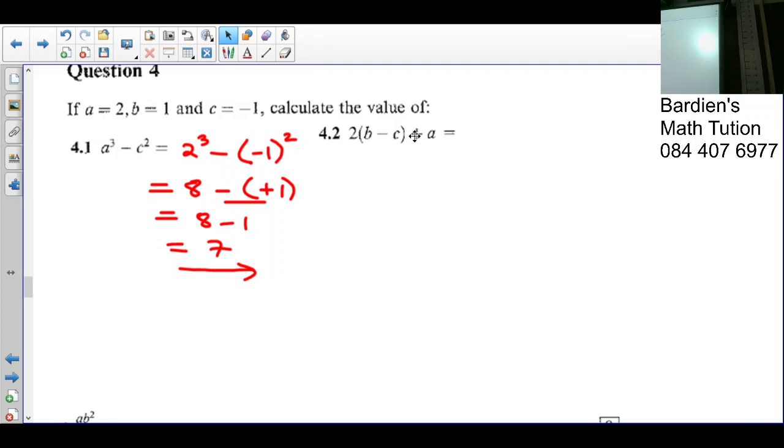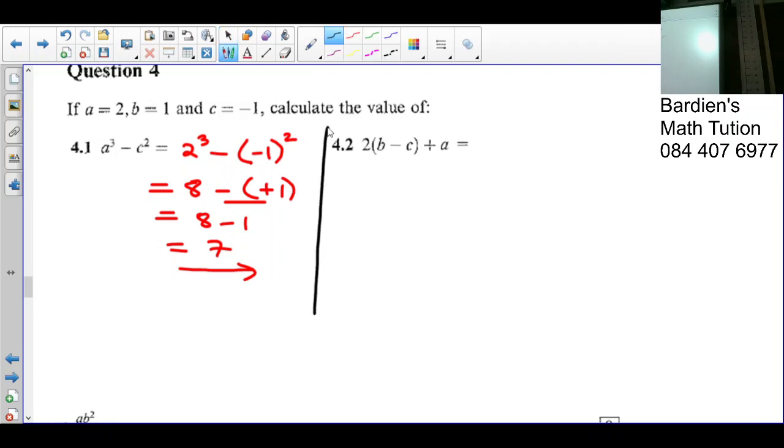Right, so for the next one, 4.2, we have 2 into B minus C plus A. Okay, 2 into B minus C, then we add A to it. So this will simply be 2, open brackets, what's B? 1 minus negative 1. Why do I put a bracket there? Because of the negative sign. I never write negative 1 like that.